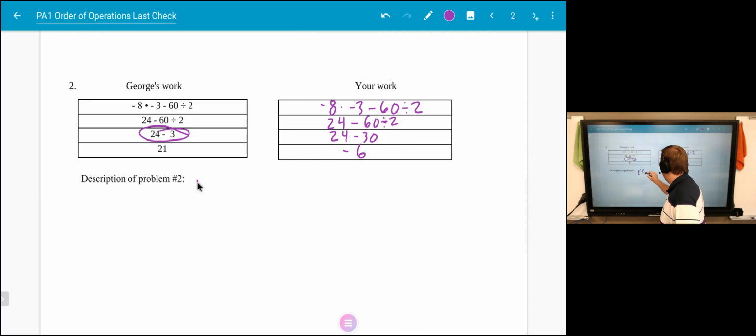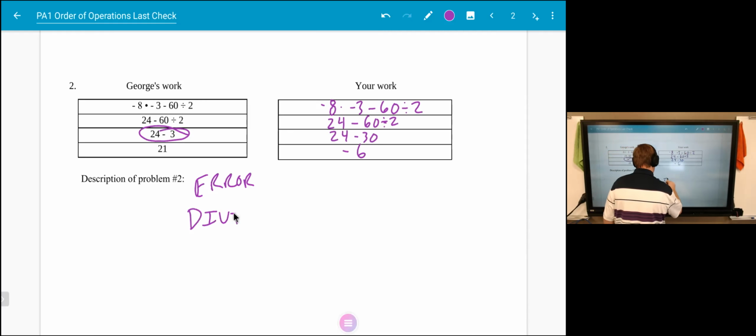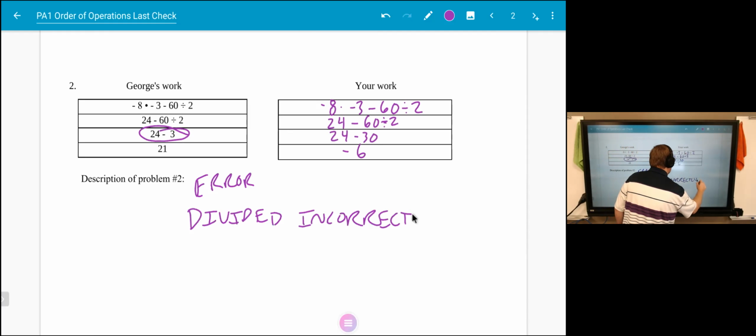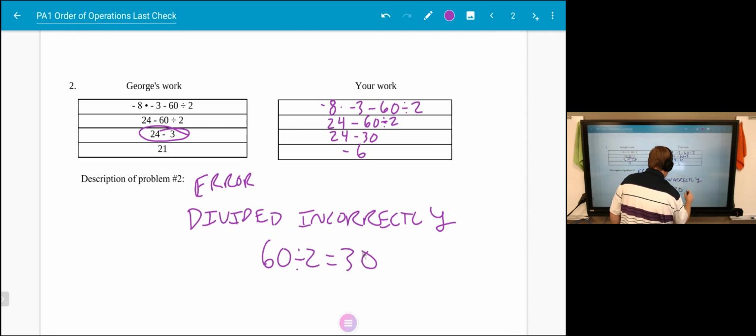There's an error. He divided incorrectly, because 60 divided by 2 equals 30, not 3.